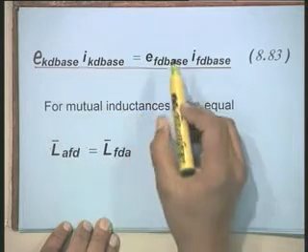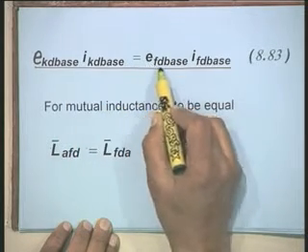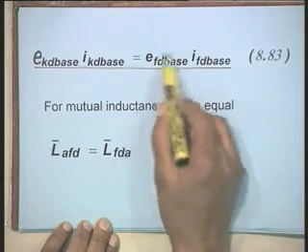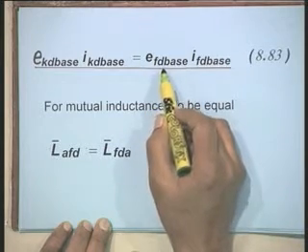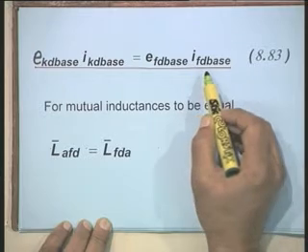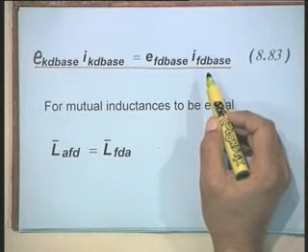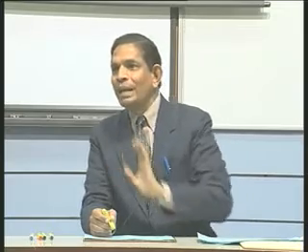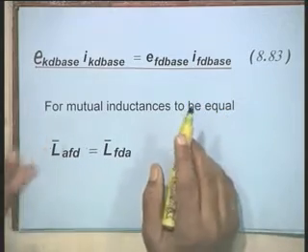This product must be equal to the base voltage in the field circuit into the base current in the field circuit. This is very simple. That is, the base VI in the amortiguer circuit should be equal to the base VI in the field circuit.